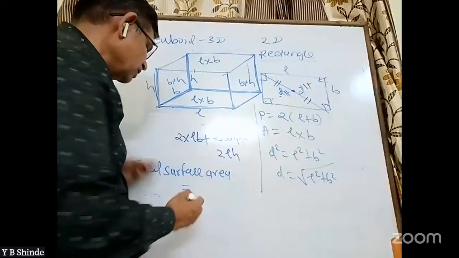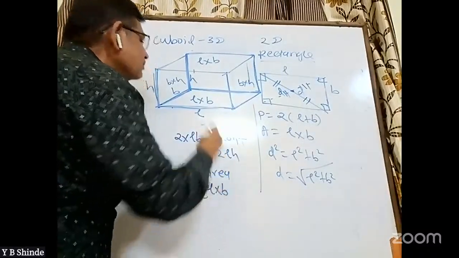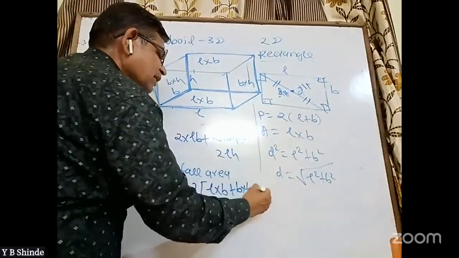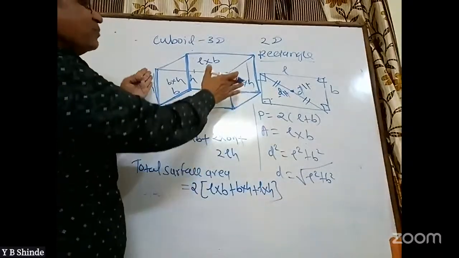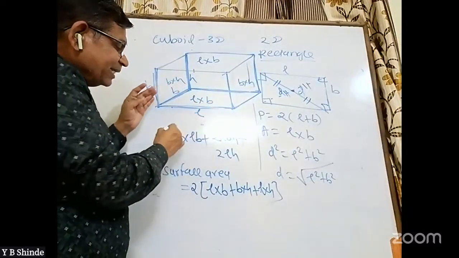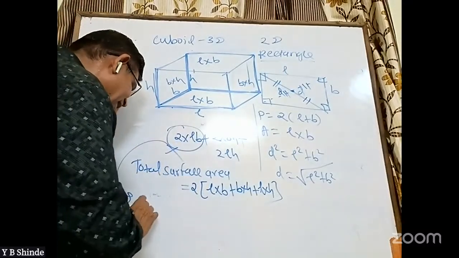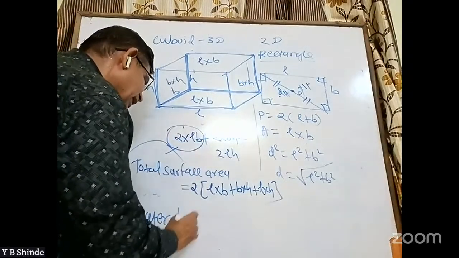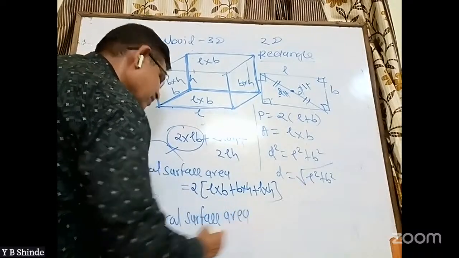Okay. Total surface area is 2 times of L into B plus B into H plus L into H. This is called the total surface area. Now it has 4 lateral surfaces. We will discard these two. See, this is the lateral surface area. Discard, remove. What is the lateral surface area?